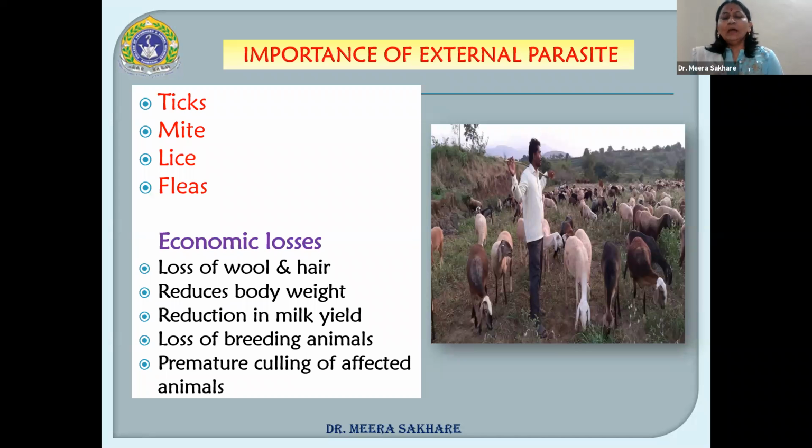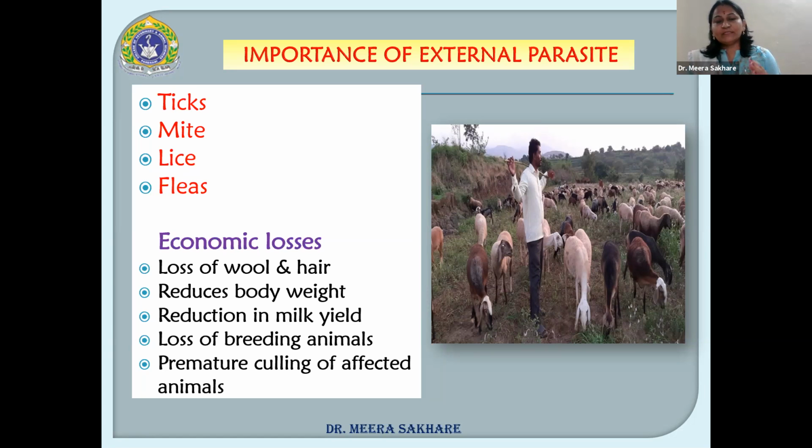Also, some good or pure breeds are there like Osmanabadi or Beetal. When a male animal has any skin disease, we restrict the breeding of such an animal. So we lose the breeding of such imported or preserved type of animal. And due to that, there is premature culling of affected animals. It is automatically done. So these are some important losses which we can observe due to skin infection.